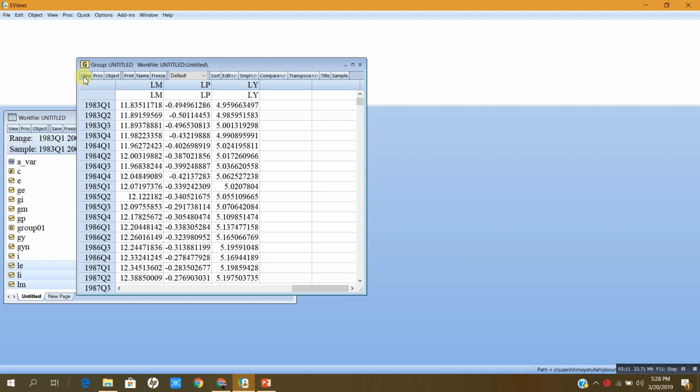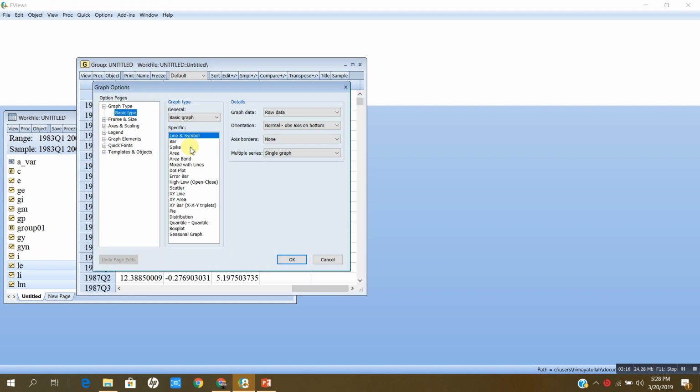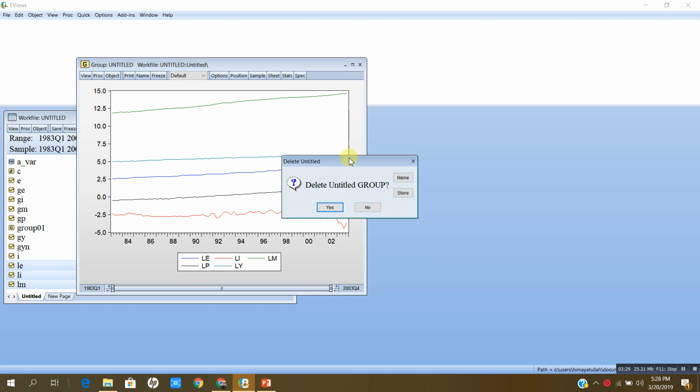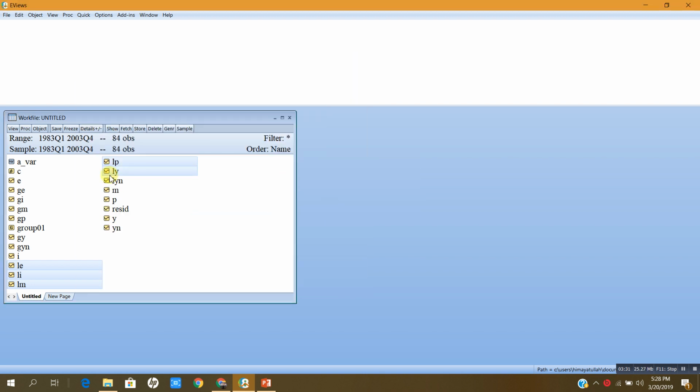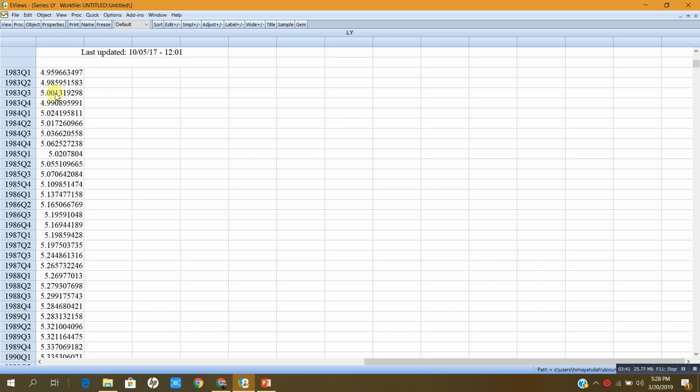So view, and first I would like to view its graph. Okay, this is my Y variable, that is log of real GDP, and this data is from 1983 quarter 1 up to 2004 quarter 4.